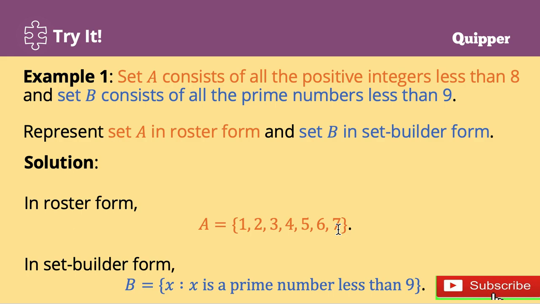Next, for set B, the set builder form, we have set B is equal to the set of all x such that x is a prime number less than 9. So we'll just put a pair of braces here, then write this: the set of all x such that x.